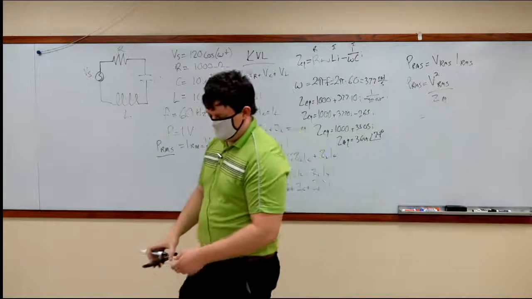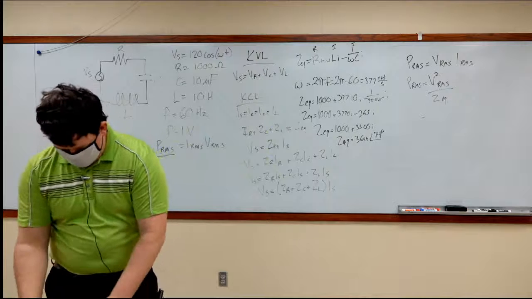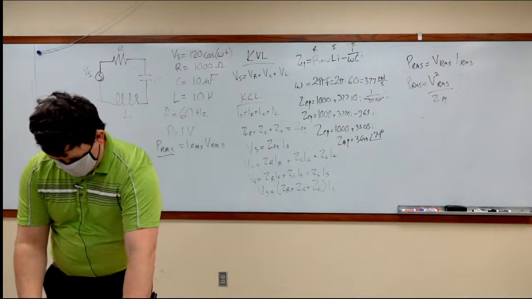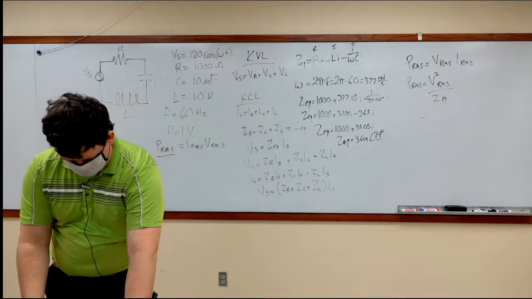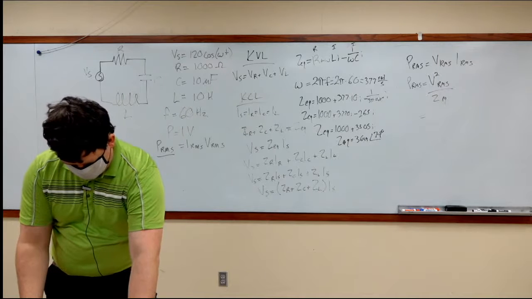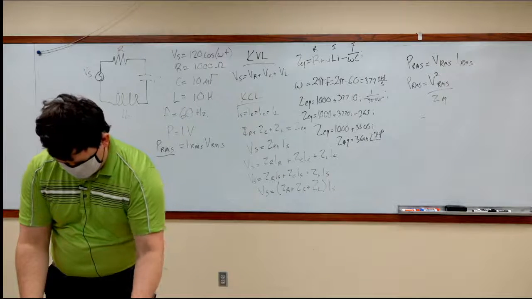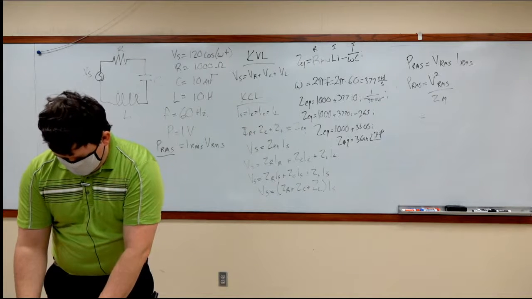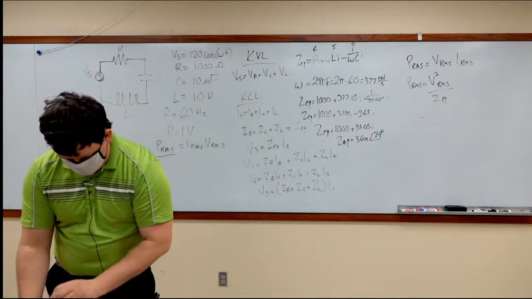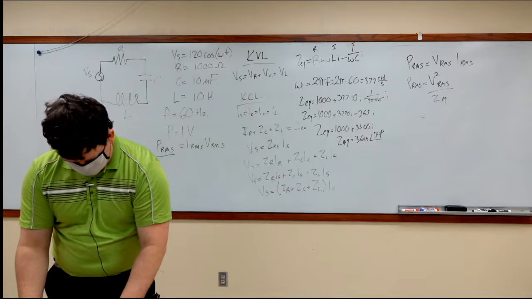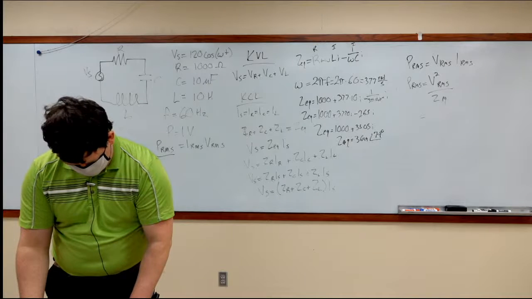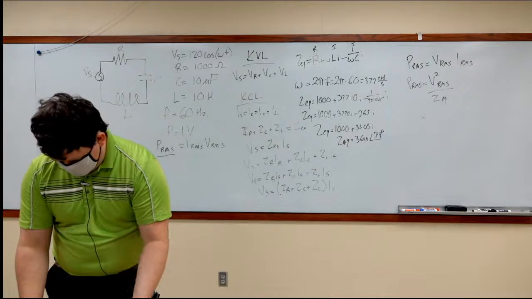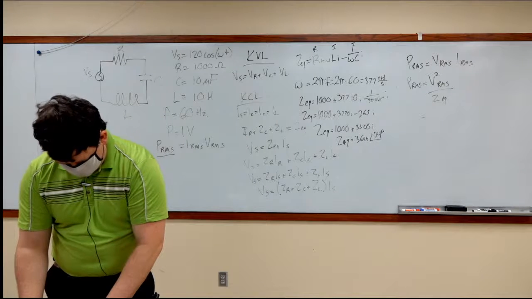VRMS is V over the square root of 2. I'm pretty sure of that anyways. I'm going to make sure before I agree with you. Thank you, book. I am using you as a crutch. Yes, it is. It's just V over the square root of 2.